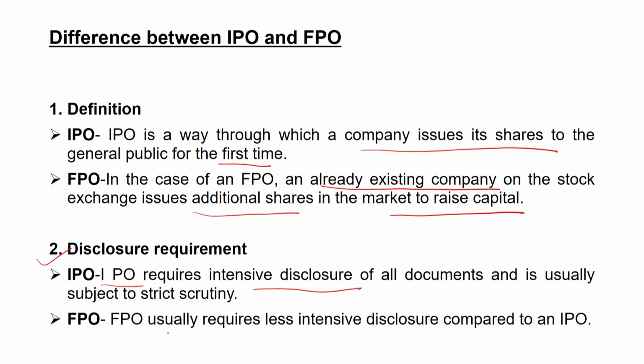Whereas in FPOs, usually less intensive disclosure requirements are there as compared to the IPO, because in the case of the FPO, the company is already listed on the stock exchanges, so the company must be following all the criteria and regulations laid down by SEBI regarding the disclosure of information.